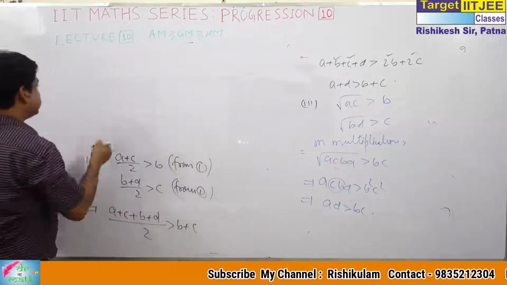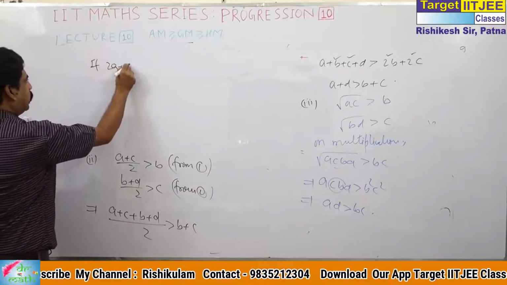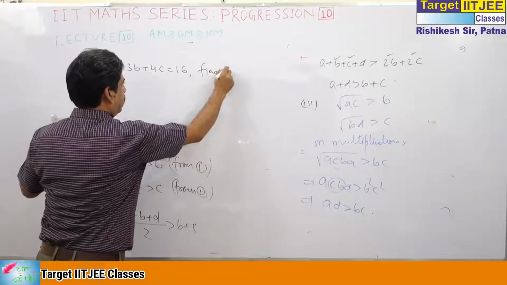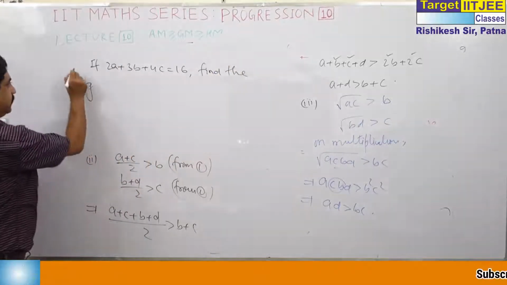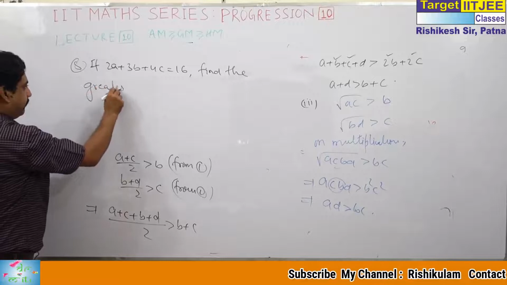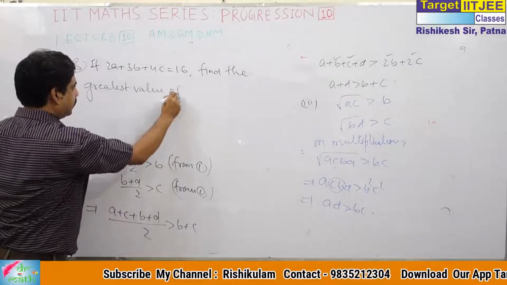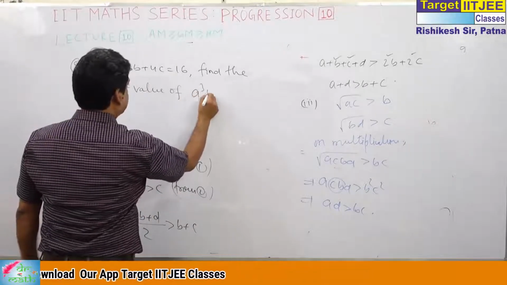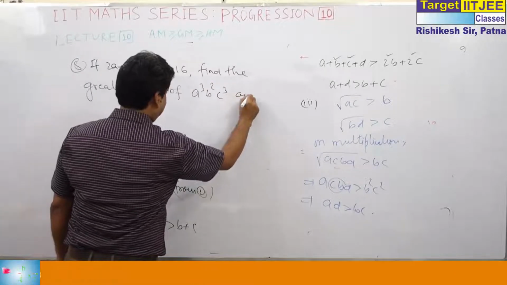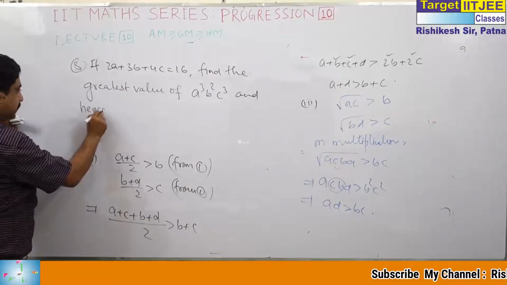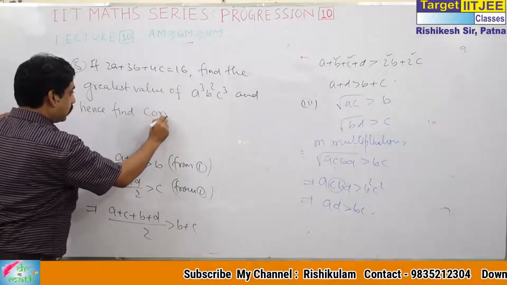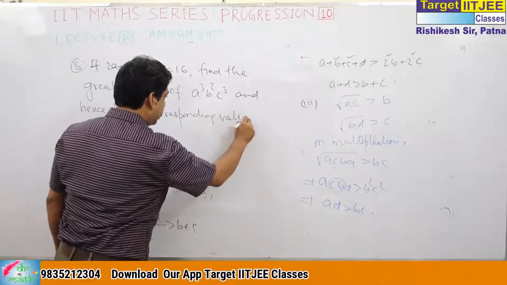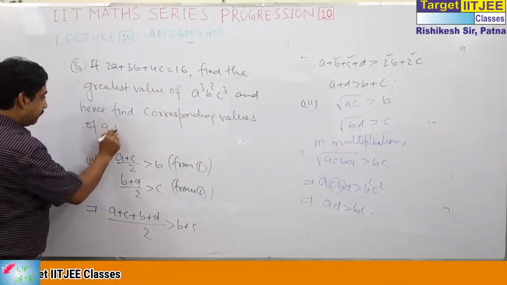The question is, if 2a plus 3b plus 4c is equal to 16, a, b, c are positive, find the greatest value of a cube b square c cube, and hence find corresponding values of a, b, c.